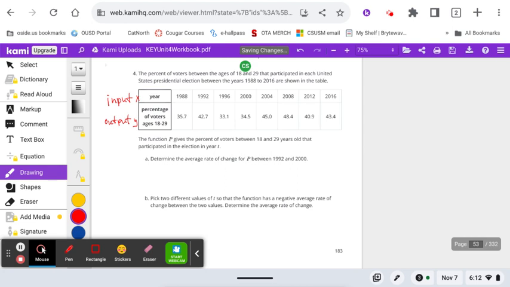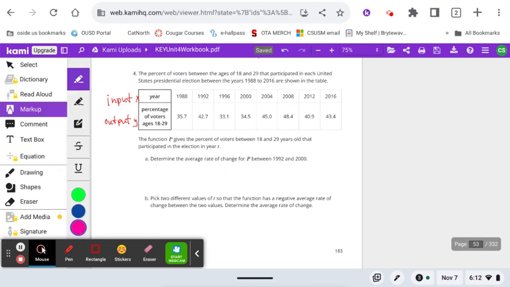So determining the average rate of change between 1992 and 2000, we're looking at this interval right here.